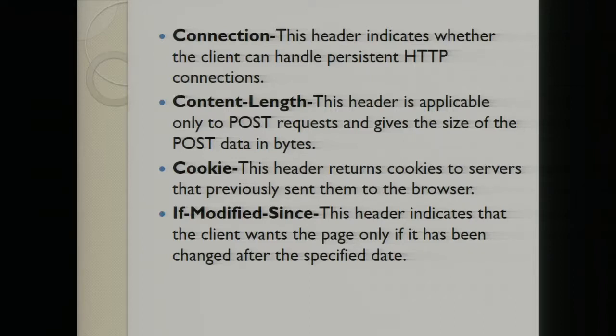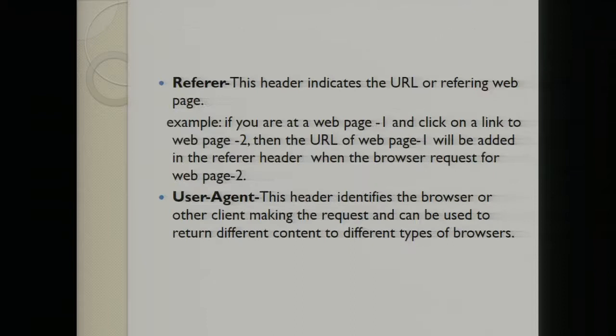Then If-Modified-Since: the header indicates that the client wants a page only if it has been changed after a specified date, okay. Then referrer, okay. This referrer is the URL of the referring page. Just now we discussed going from one web page to another.